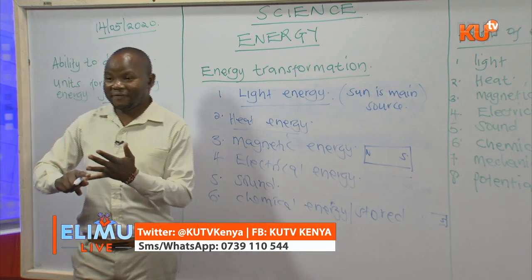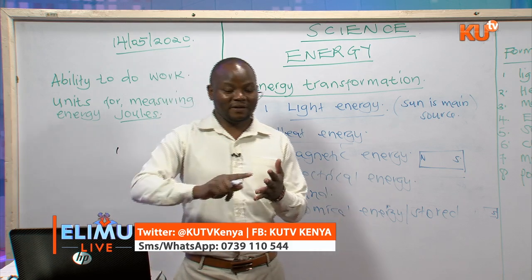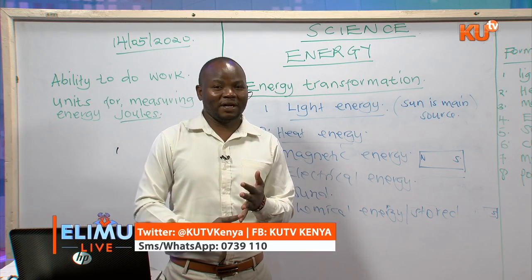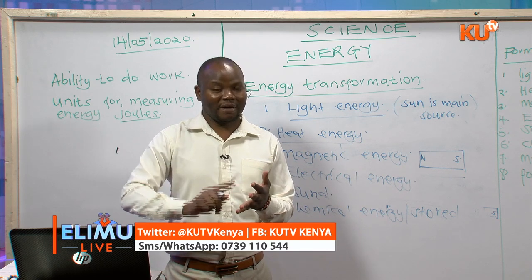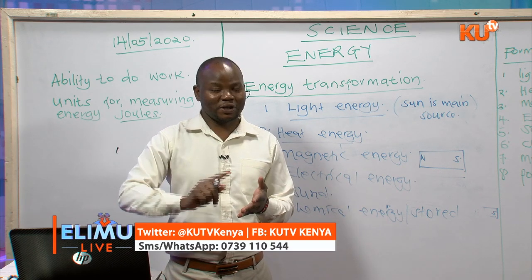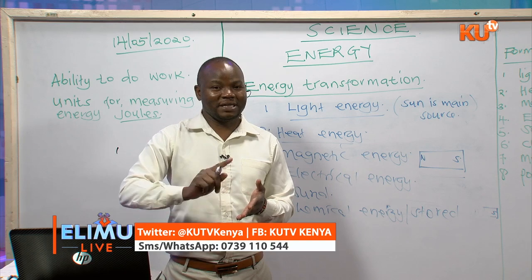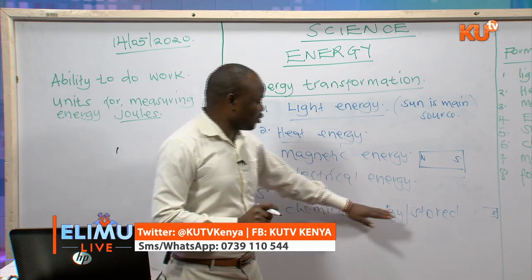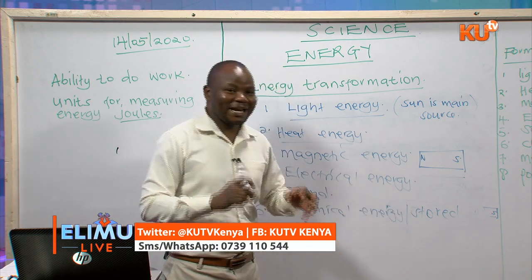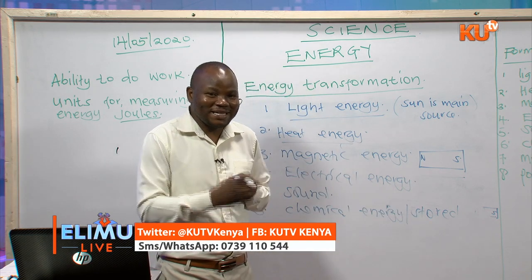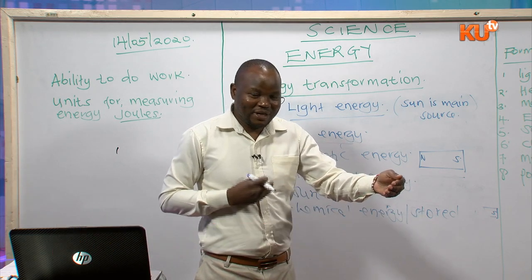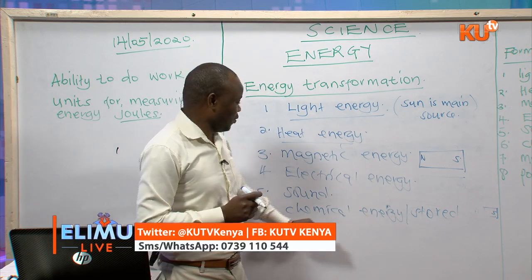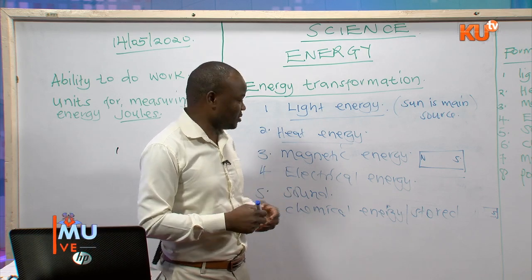It is mostly found in fuel, and it can be found in food. If I talk about fuel, I'm talking about firewood, kerosene, petrol, diesel and all that. This stored energy can only work when it's released from its original form. That is when it can now be put to use.